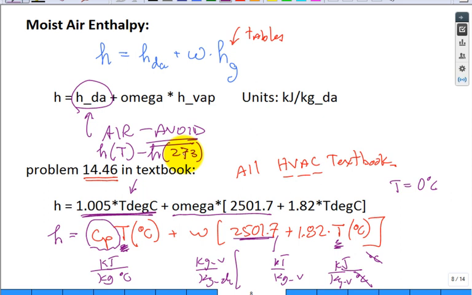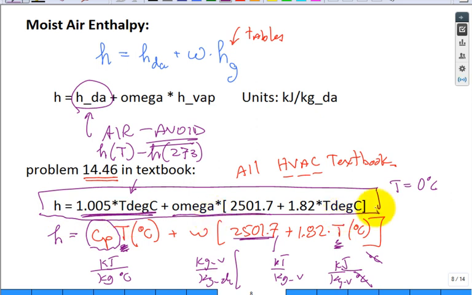That's a more challenging concept than other stuff I'm talking about today. But let's press forward. This is a great approximation. It saves you from having to go into the tables, especially if you need to guess and iterate. Having an analytic expression for this mixture enthalpy allows you to manipulate and solve for the temperature or the humidity ratio right away.